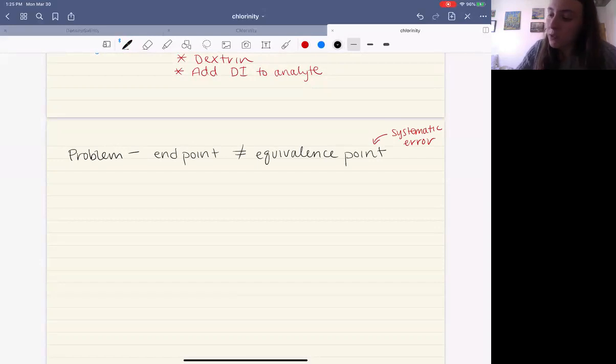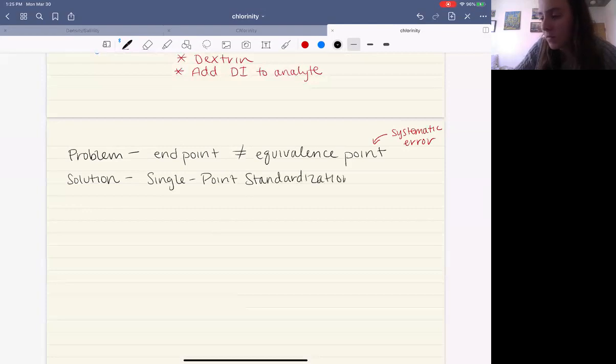But what we can do is called a single point standardization. What we'll do is we're going to do our titration on our sample seawater, but we will also do it on a reference solution, a standard seawater solution.